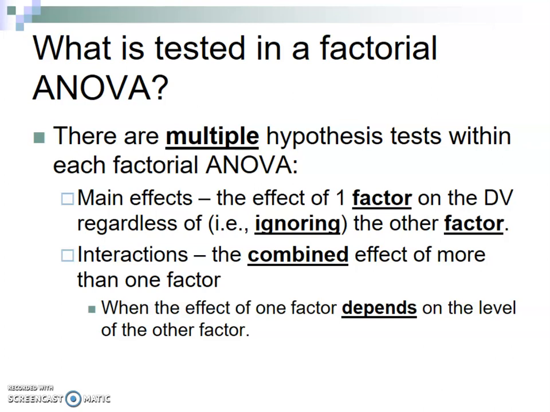If we're talking about library versus dorm versus classroom and time of day of tutoring, and we look at the main effect of, let's say, location, essentially you would only be comparing people who studied in the library versus dorm room versus classroom. You would only be comparing those different settings, and you would ignore the other factor. So you would ignore what time of day they were studying and just look at the effect of the setting on its own.